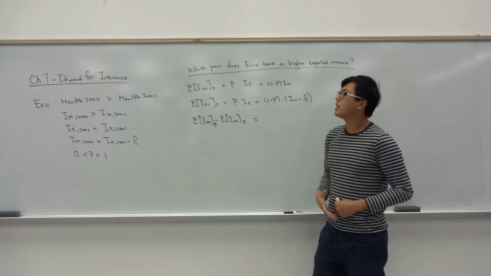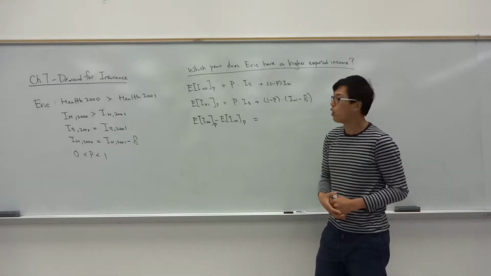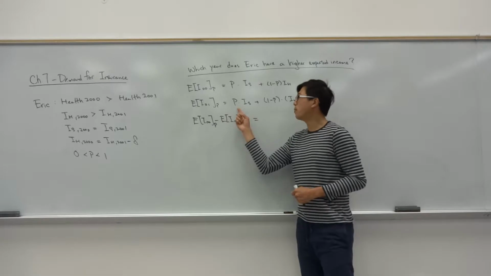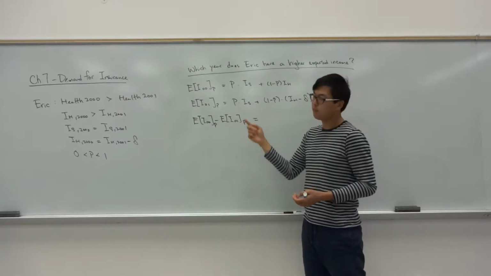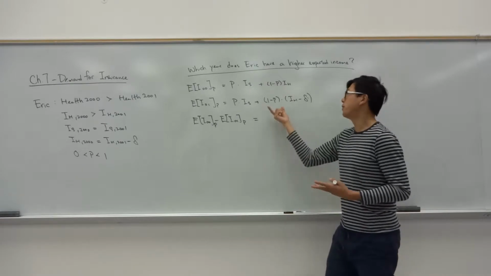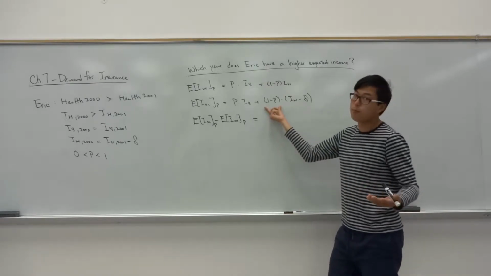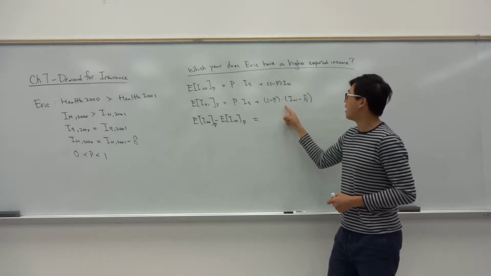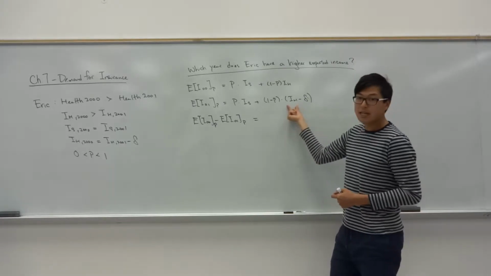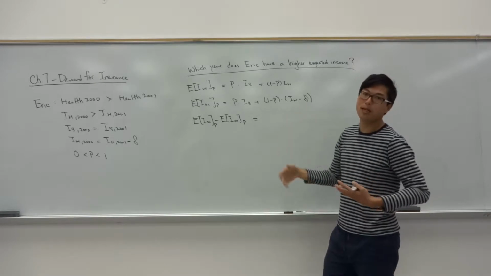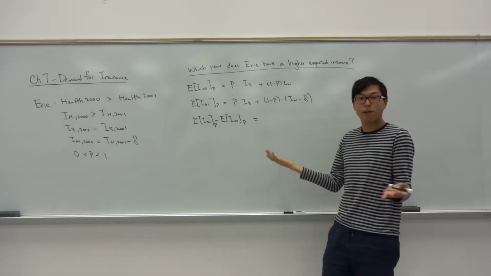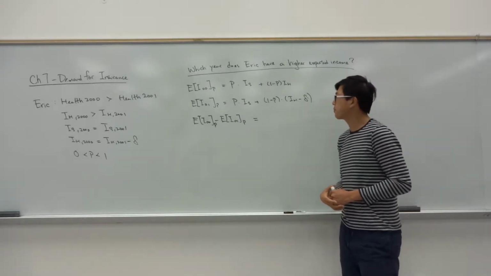The expected income in the year 2001 is equal to the probability of getting sick times the sick income plus the probability of staying healthy, 1 minus P, times the healthy income in 2000 minus delta, some number being deducted, which is the difference between the 2 years.